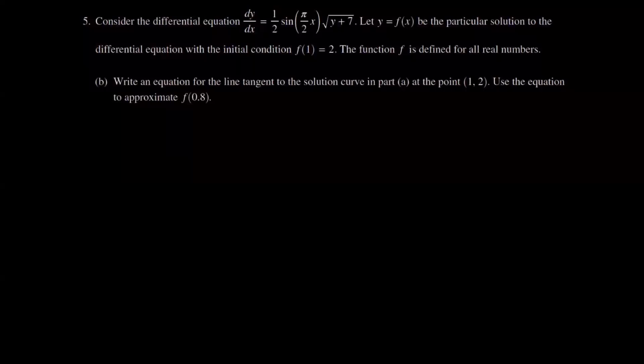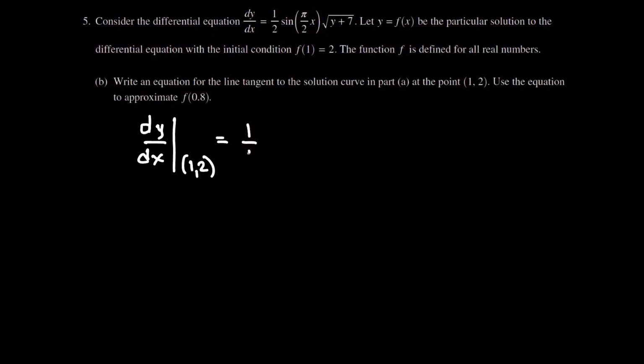Here we need to write an equation for the line tangent to the solution curve in part A at the point 1, 2, and use that equation to approximate f of 0.8. So let's find the slope of this tangent line, and the slope is, as usual, just dy over dx evaluated at the point 1, 2. So we plug in x equals 1 and y equals 2 into the equation for the derivative.